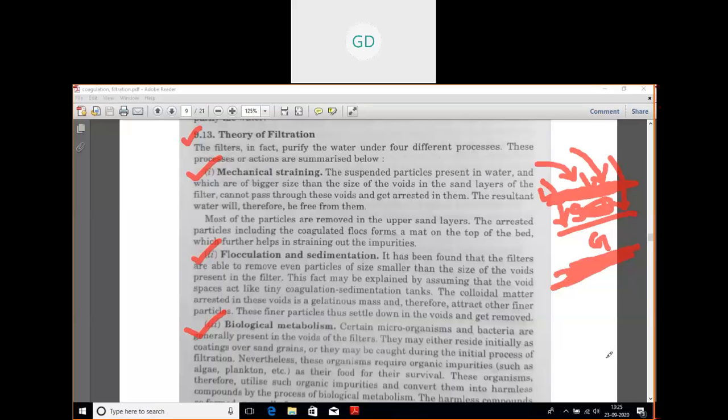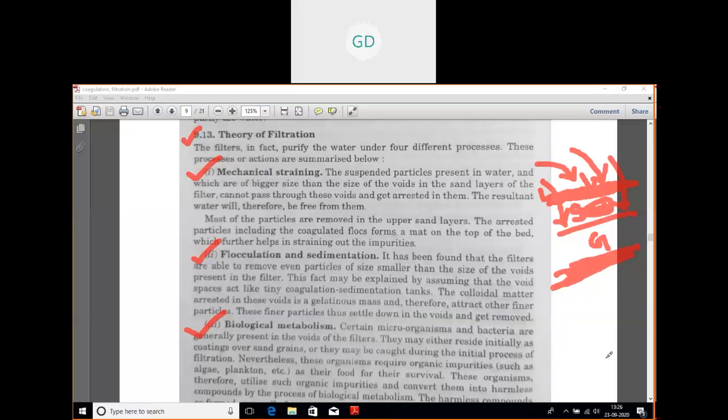Everyone needs food for their survival, isn't it? So the bacteria also need food. So what are their foods? The water that is going through the filter bed contains some planktons like algae, and some green plants.